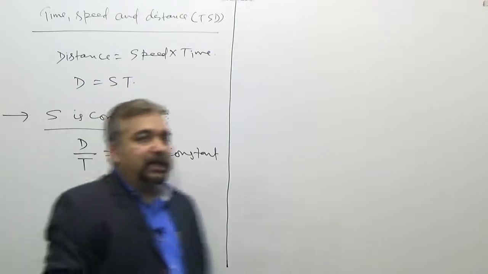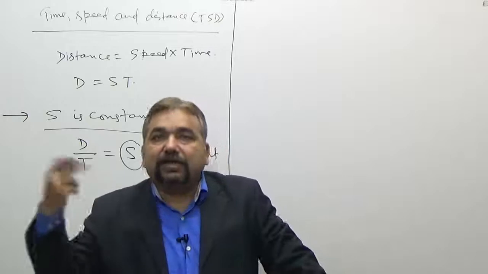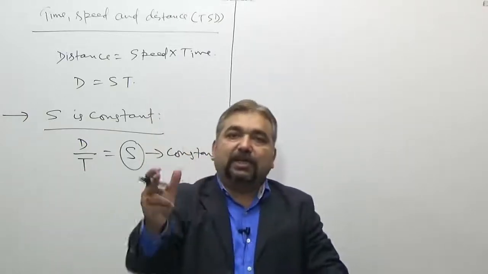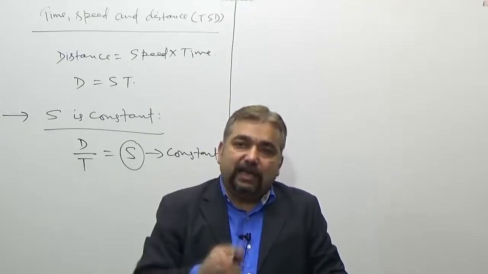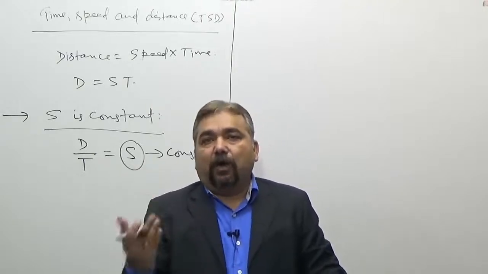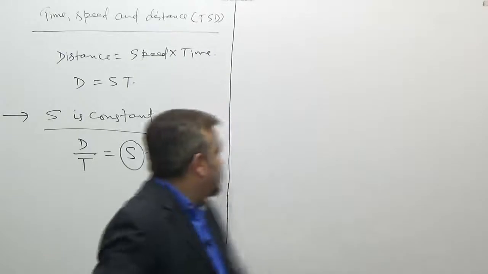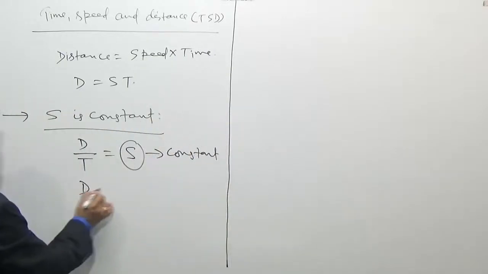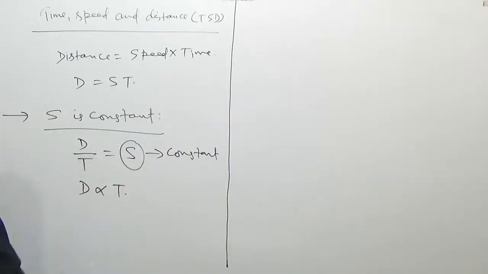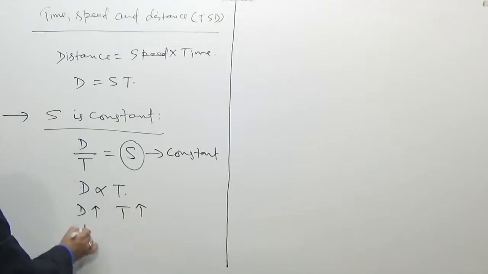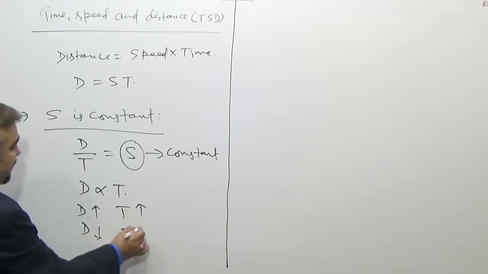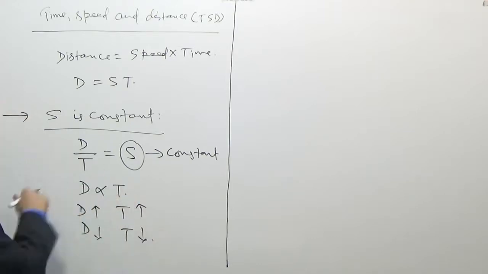Means when one increases, here distance increases, then the other must increase, here time must increase. Or when distance decreases, then the other quantity, time, must decrease. We write it like this: distance is directly proportional to time, or we can say distance increases means time increases, distance decreases means time decreases. That is the concept.